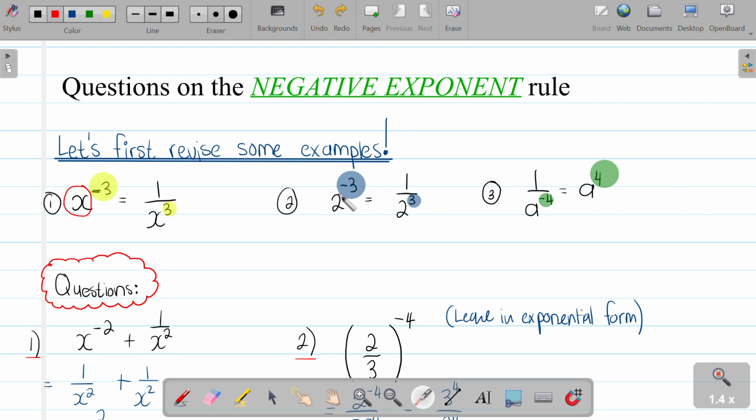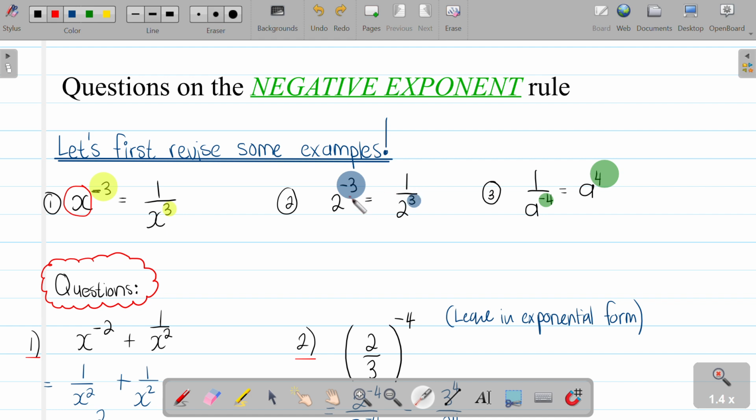Let's have a look at example number 2, which incorporates an actual number, so maybe this will click a bit better for you. We have the base of 2 and the negative exponent of 3. How are we going to simplify this and leave it in exponential form? Let me just revise what that means. If it says leave your answer in exponential form, it means they want the answer with exponents in it. So they would say simplify, leaving your answer in exponential form.